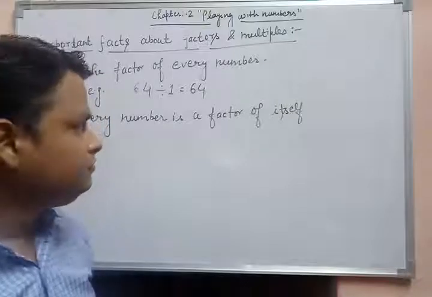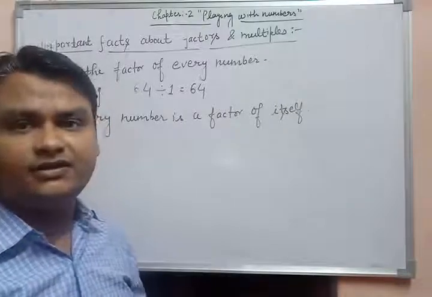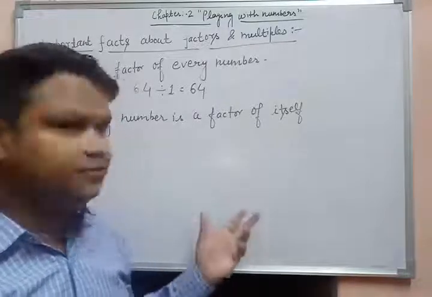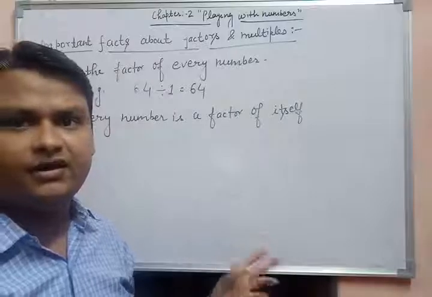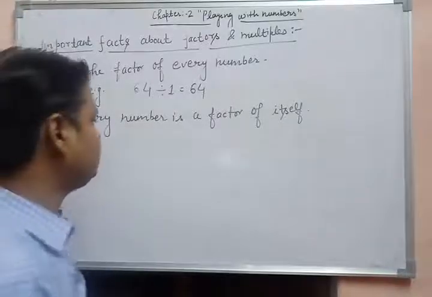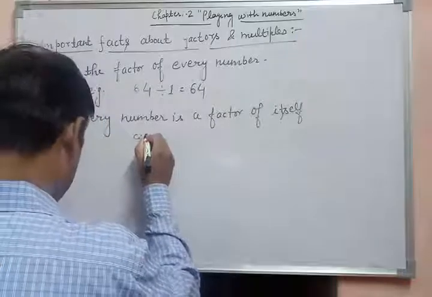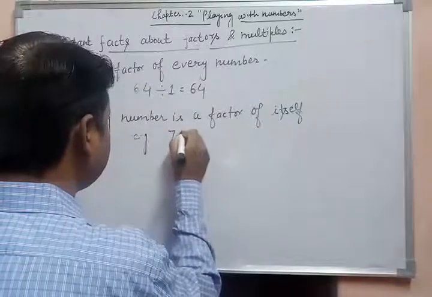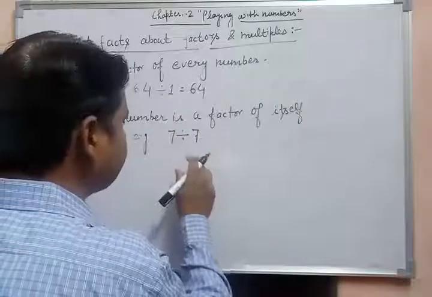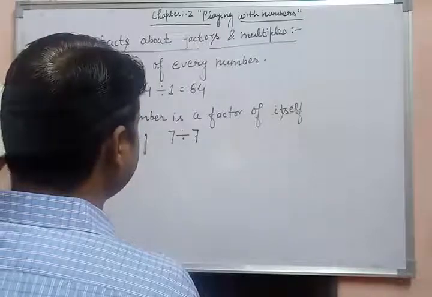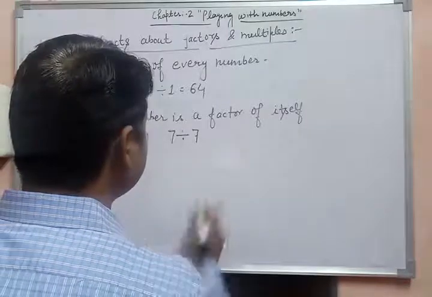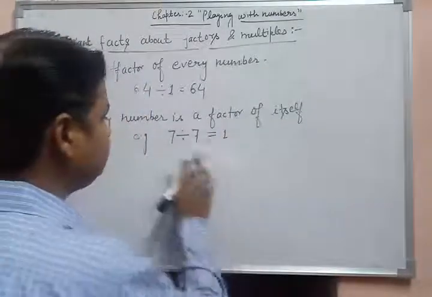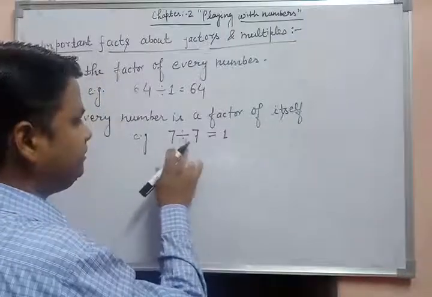It means if we divide the number by the same number, then we will get the result 1 or remainder 0. So this proves that every number is a factor of itself. Okay students, so for example, if we divide 7 by 7, then we will get the result 1. So students, this shows that every number is a factor of itself.